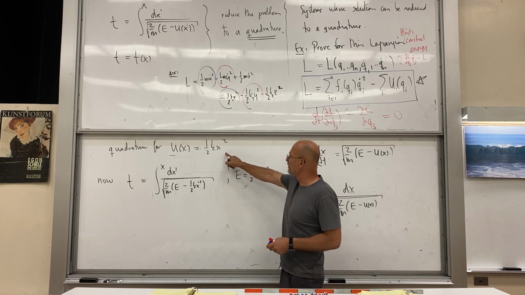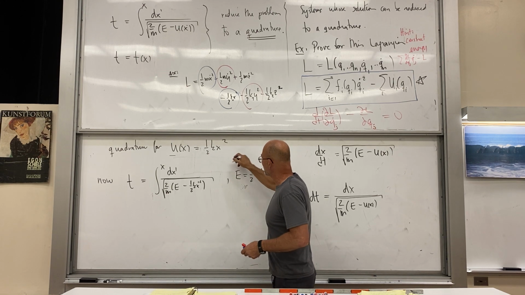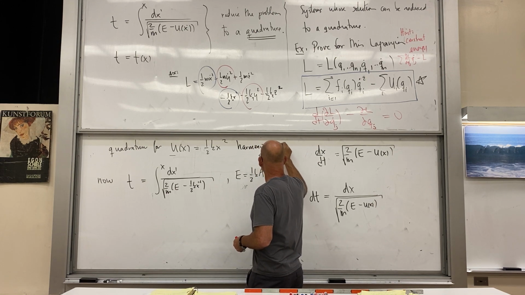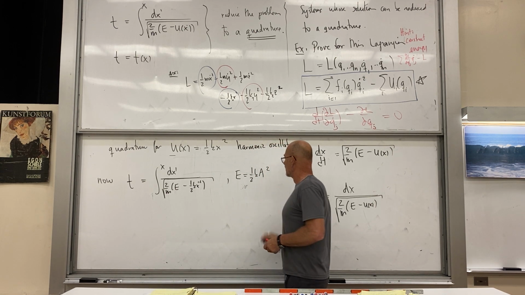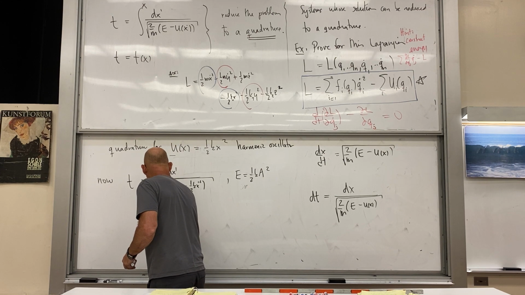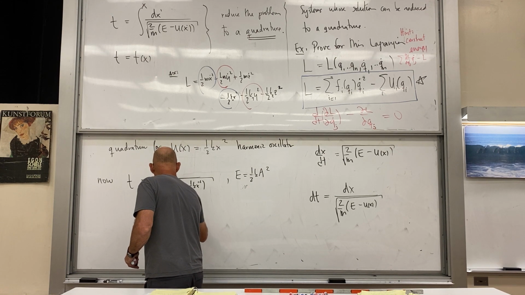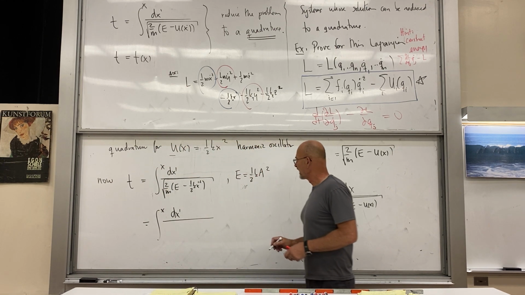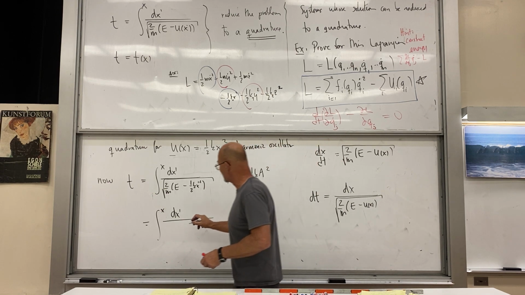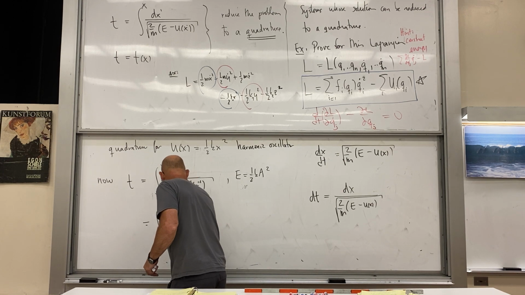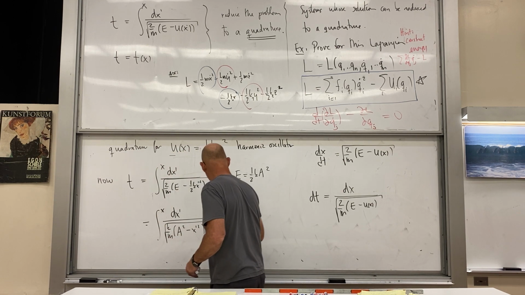Because now we're talking about the harmonic oscillator. Harmonic oscillator, go ahead and write that out. So if we go in there, we would have dx prime, and you see the 2 cancels there, so what we end up with is the square root of k over m times a squared minus x prime squared.